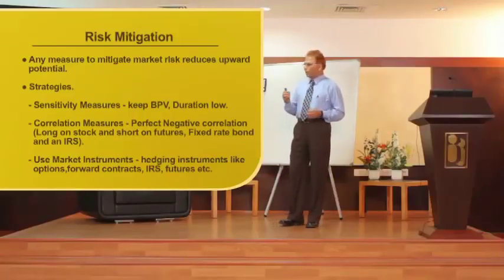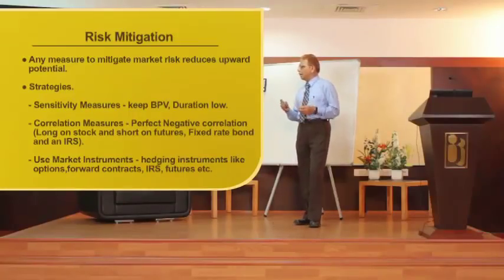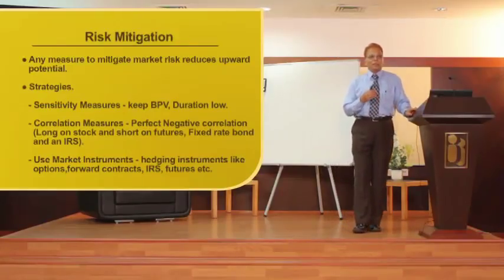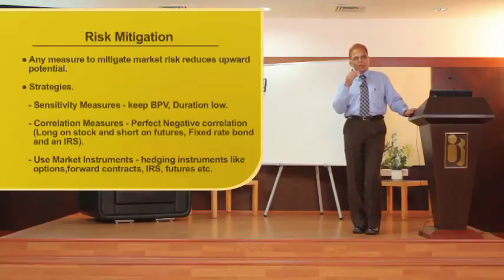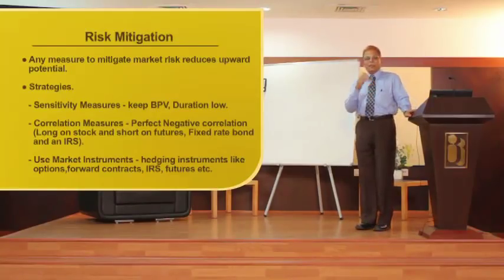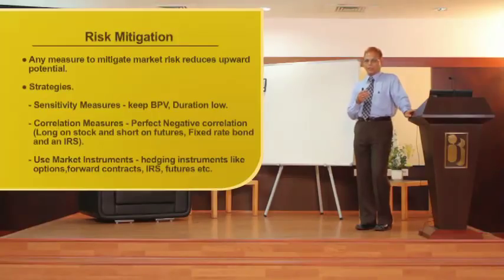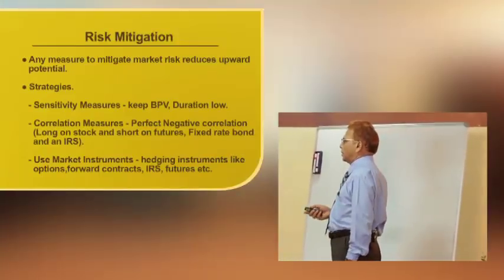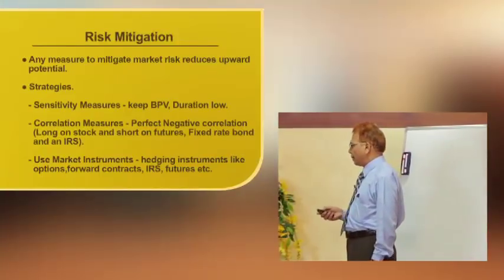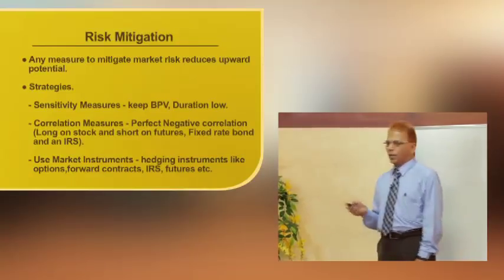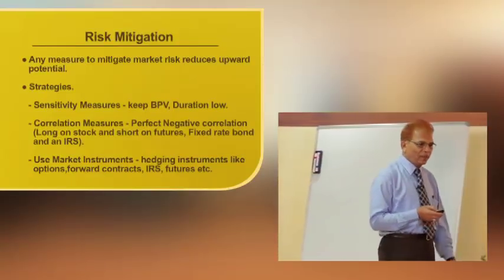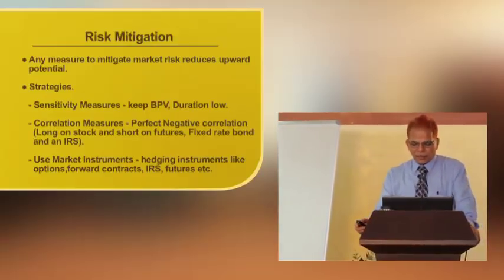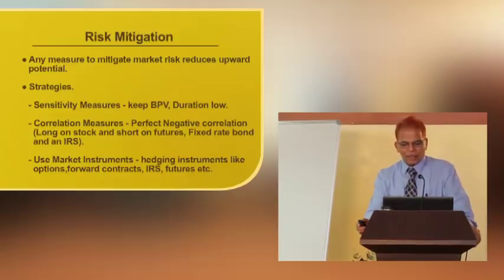So if you want to reduce interest rate risk, if a particular position will go adversely against you if the interest rate goes up, you need to have another position which will have exactly the opposite impact when the interest rate goes up, so that end to end you will have lesser losses because of the interest rate movement. So it's like long on stock and short on futures. Basically it nullifies whatever gains you are going to have. But these are some of the market risk mitigation strategies.